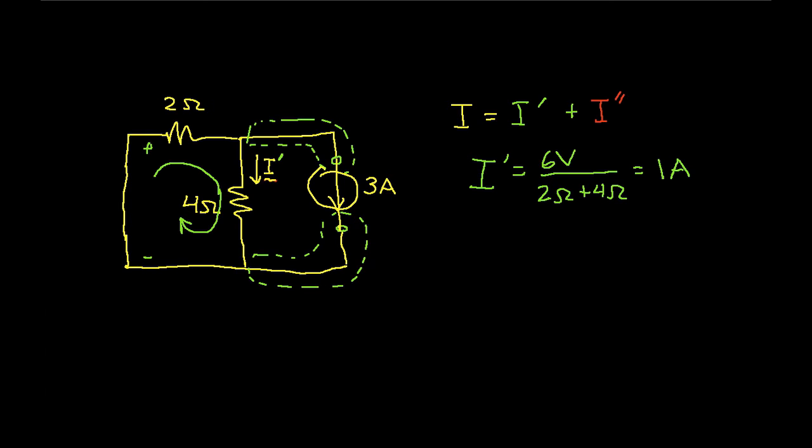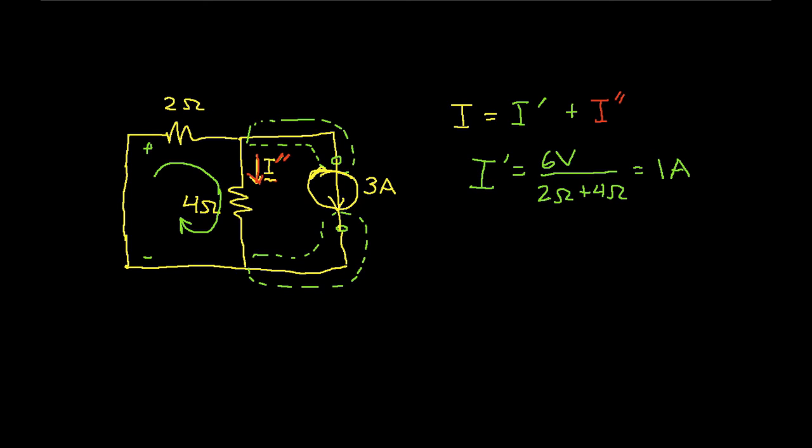The idea here is that the voltage across this voltage source will be 0 no matter how much current is flowing through it. So that's basically a short circuit. Okay, so now I have my 3 amps and I want to find the current I double prime. Okay, so that's the current still flowing down through the 4 ohm resistor.